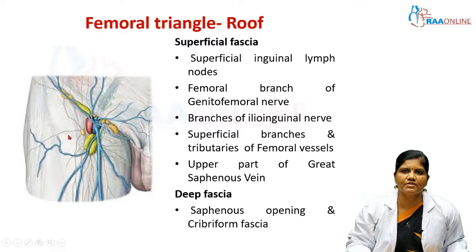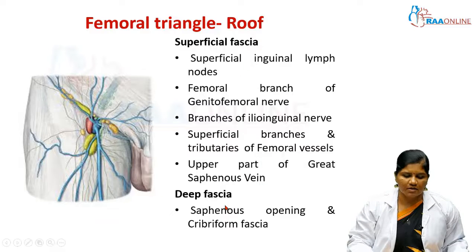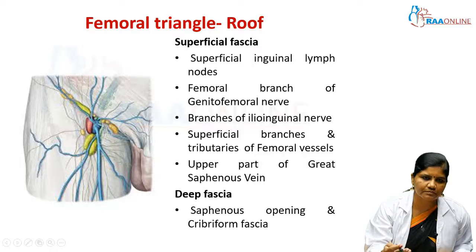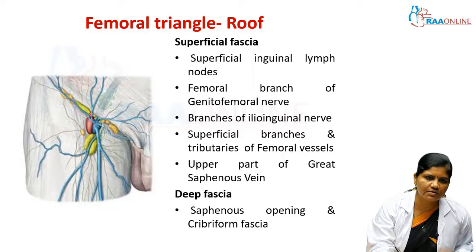Let's see the structures present in the roof. Just beneath the skin there is the superficial fascia, and deep to that there is the deep fascia. In the superficial fascia we can see the superficial group of lymph nodes, shown here in green.